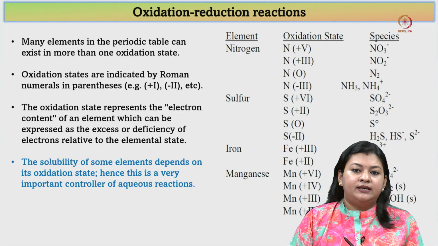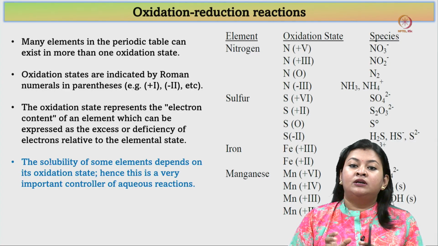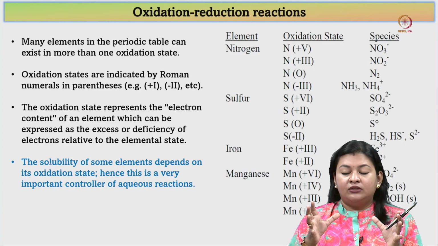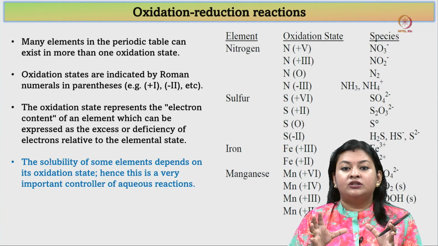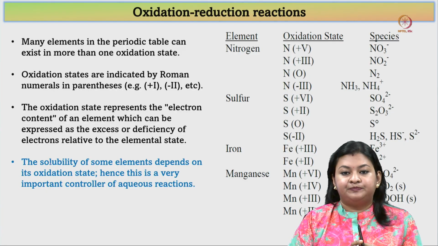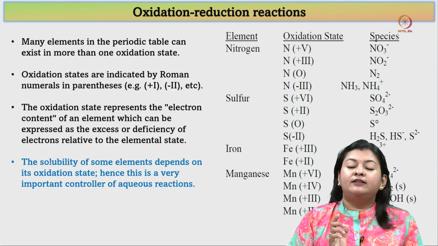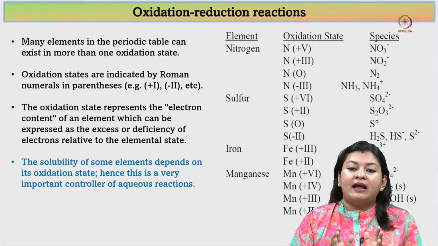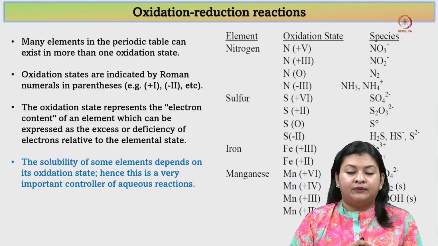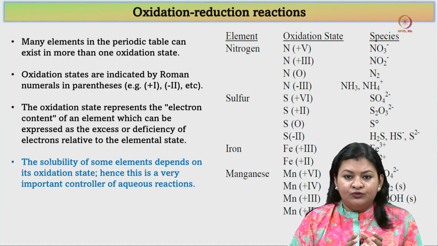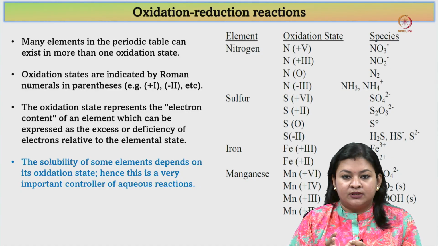And why do they exist in different oxidation states? Because it depends on the oxygenation, the amount of oxygen available in that system. If there is a lot of organic matter decaying in that aquatic system, the system moves towards more reducing conditions.